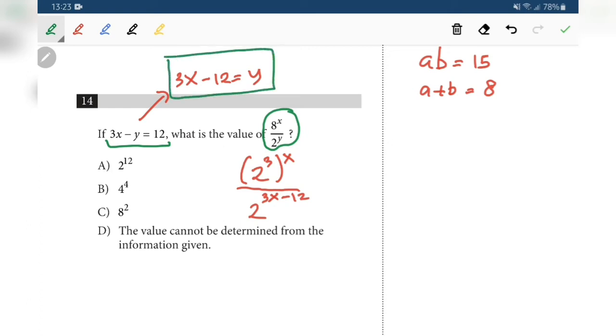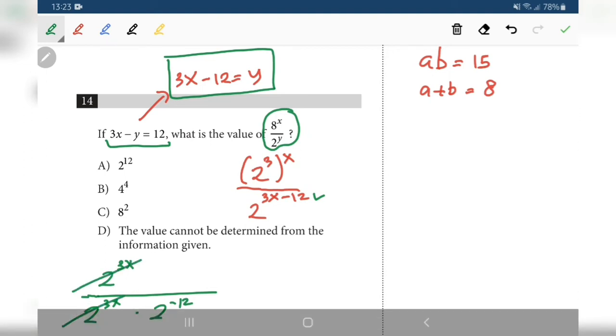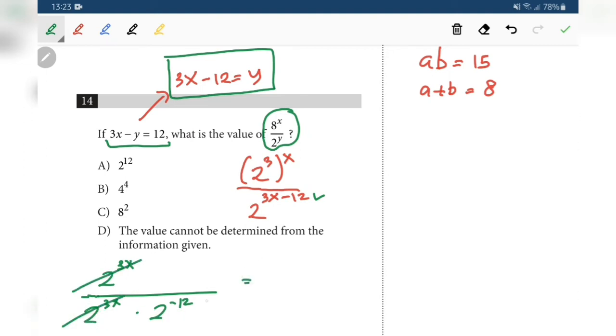Substitute to the denominator, this is the y. So 2 raised to 3x over 2 raised to 3x times 2 raised to minus 12. Is there anything you could cancel? Yes. Cancel, cancel. So it goes to the top and becomes positive. 2 raised to 12. A.